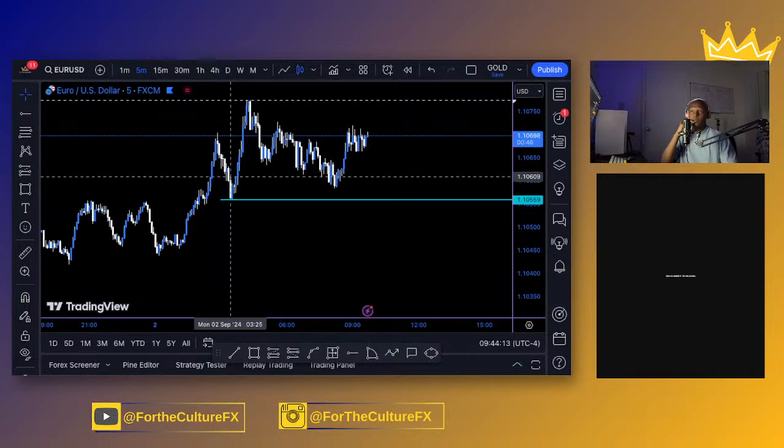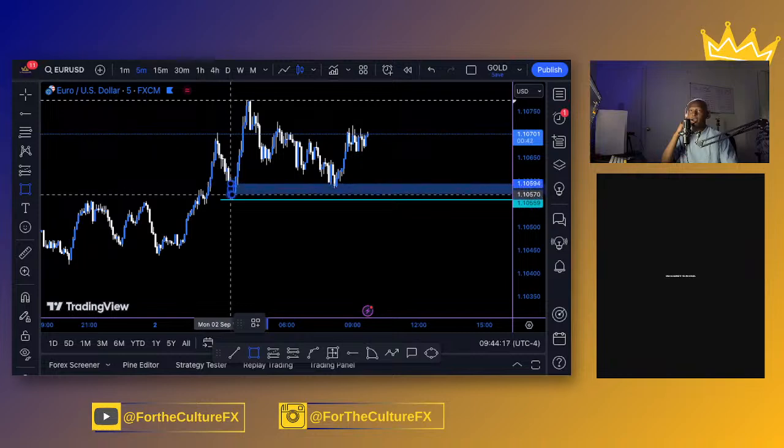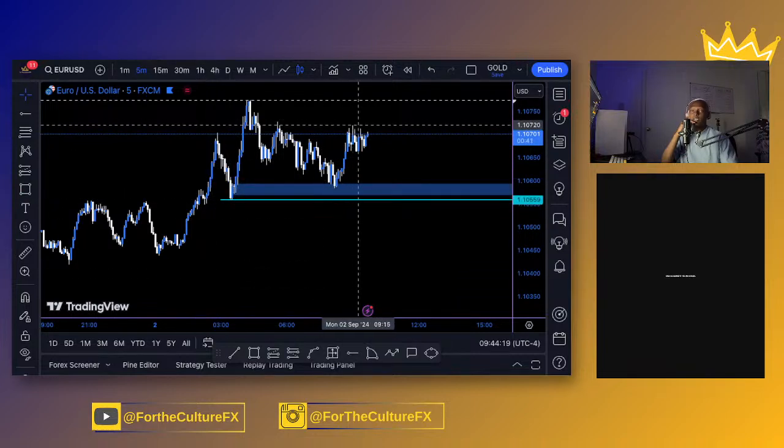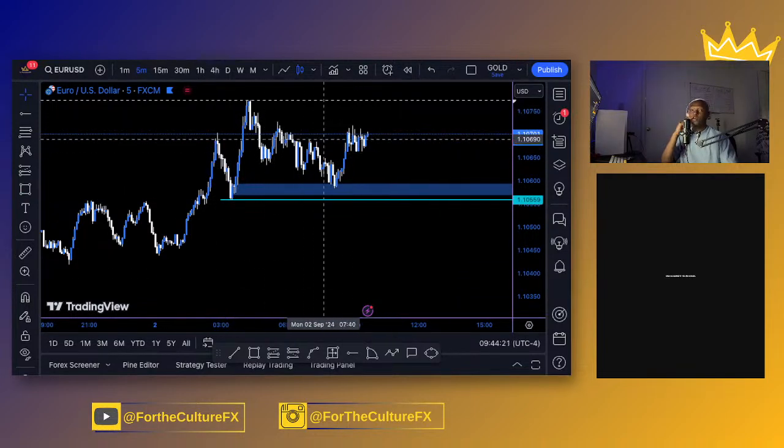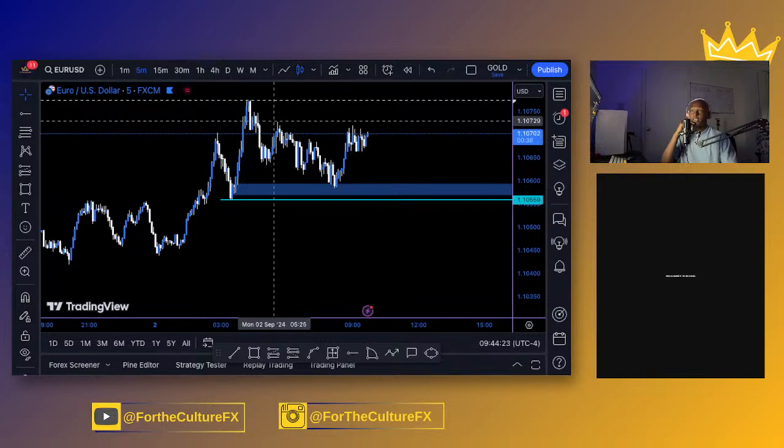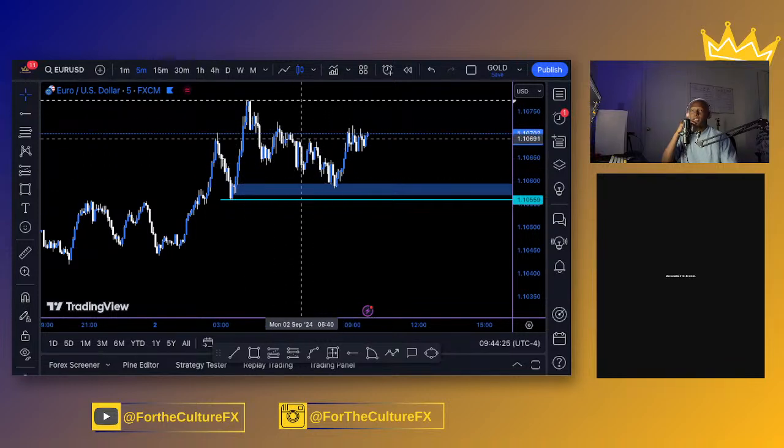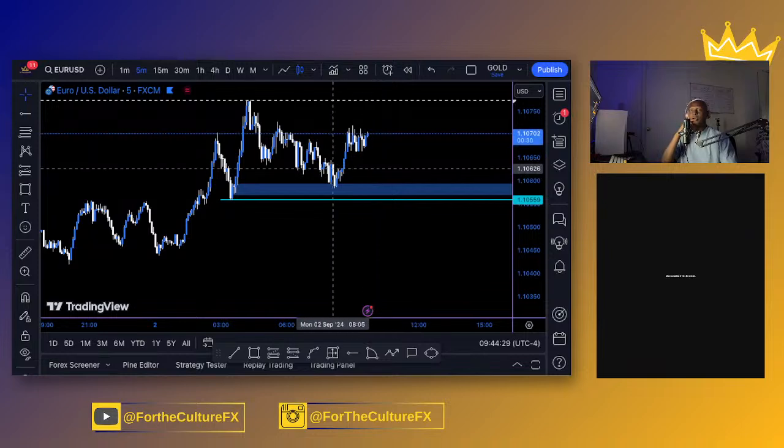So price pushed up, pushed down, pushed up, came down to this key level of demand, got a bullish move, started to make a breakout, breaking these highs, because like we said, price was creating lower lows and lower highs. These highs get broken out in the 5 minute, you get yourself a larger time frame corrective structure.